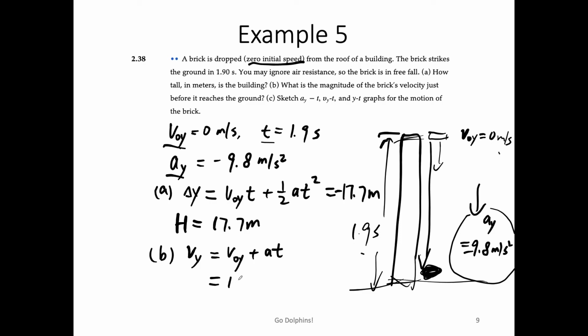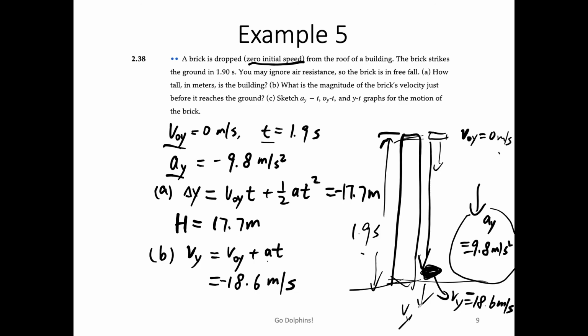Plug in all the numbers, and you get 18.6 meters per second, the final velocity of the brick here. And of course, it has to be negative, because your a is negative, so your velocity is pointing in the down direction, which is the negative y direction.